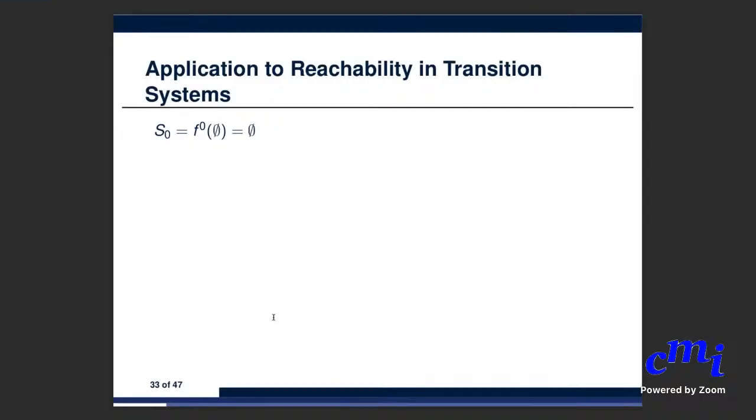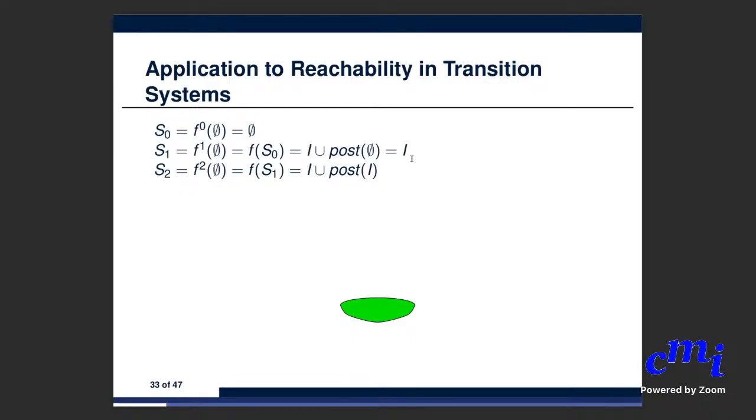That is zero iterations, so you're not applying anything. Bottom in this case is the empty set. When you apply once, because the post of an empty set is empty, this gives rise to I. This is how you kickstart the Kleene iteration. So you start with that, and then you grow it.